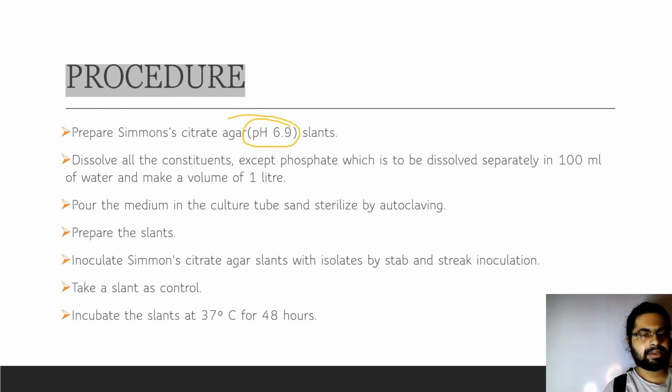So these are the procedures you need to follow, and by that you can conclude whether the isolate is capable of producing citrase, that uses citrate as the sole source of carbon. So you can take note of these procedures.